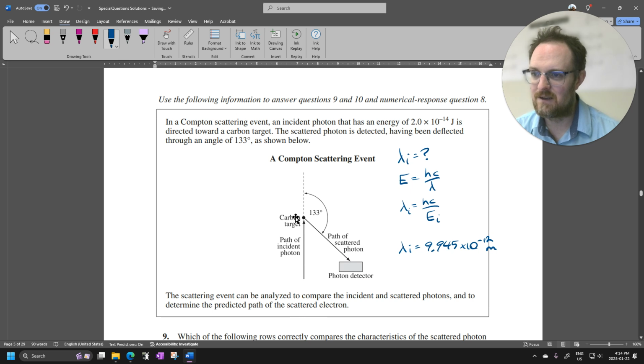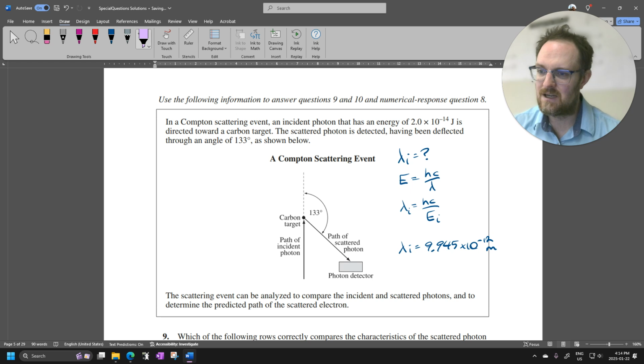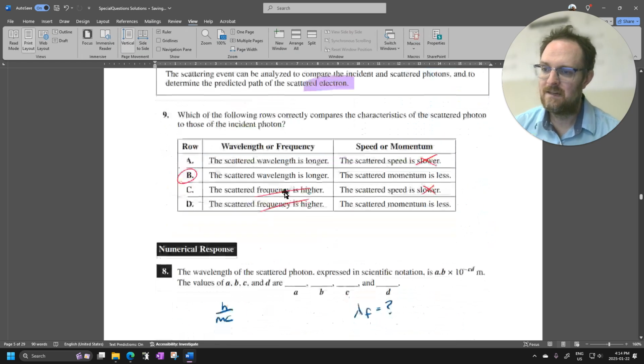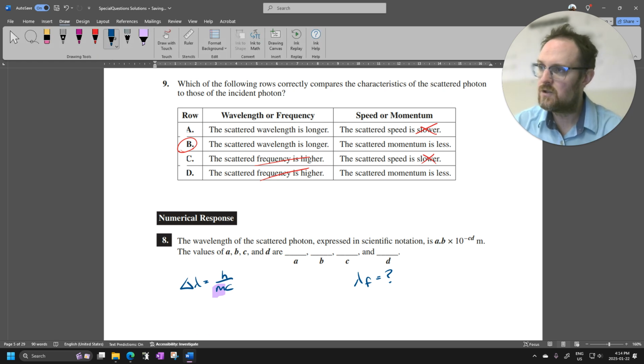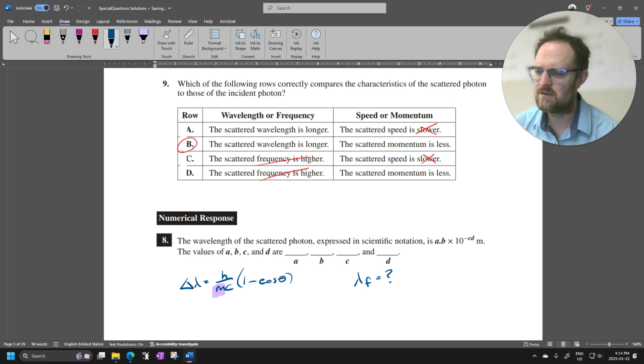It says it's a carbon target, but it hits the electron, so it scatters off an electron. So that electron mass is going to be used. And then we go 1 minus cos theta. Like 99% of the time it's going to be an electron, so just assume it's an electron and you'll probably be safe.